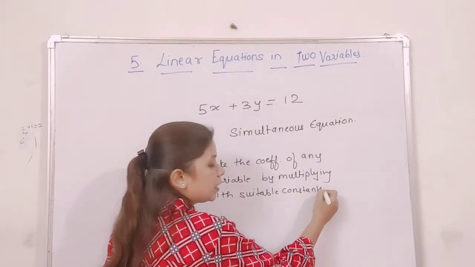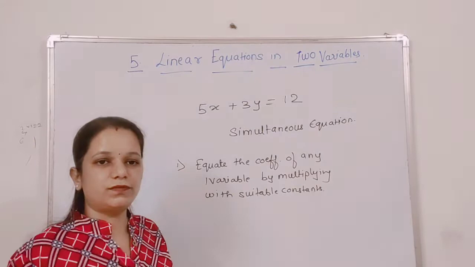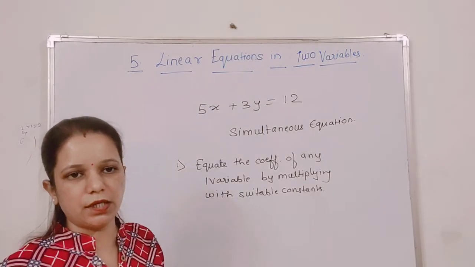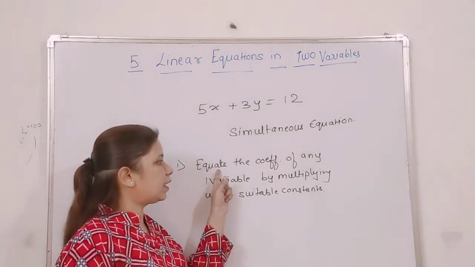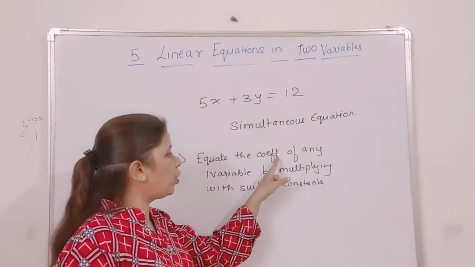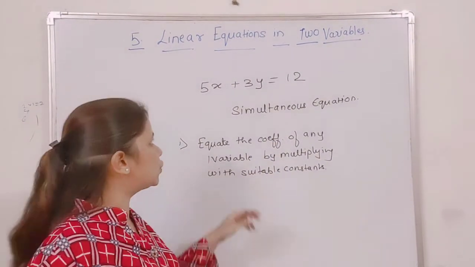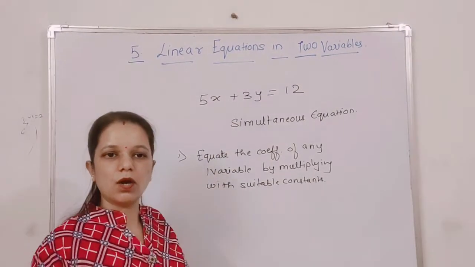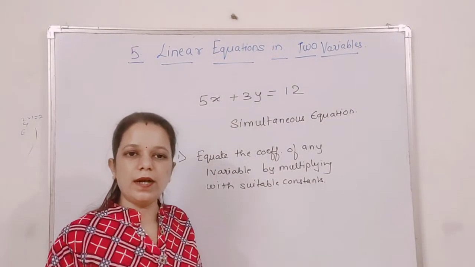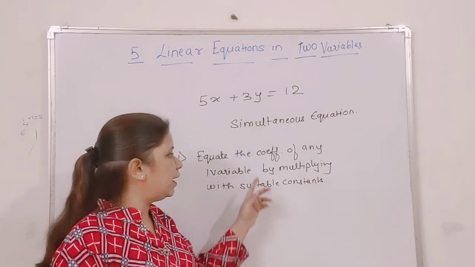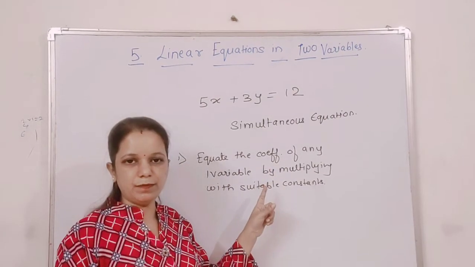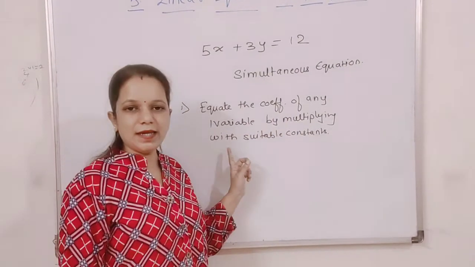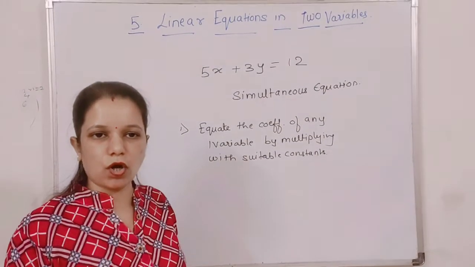This is the first step of solving a linear equation. We equate the coefficient. What do you mean by coefficient? The number before the variable is called the coefficient. So we equate the coefficient of any one of the variables by multiplying it with a suitable constant.